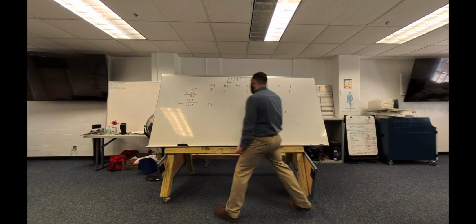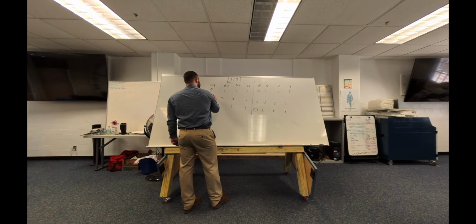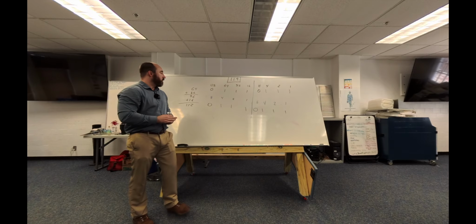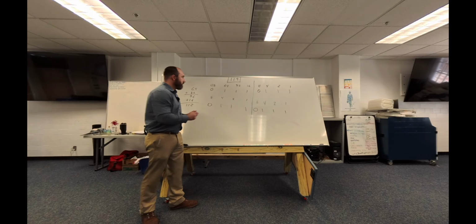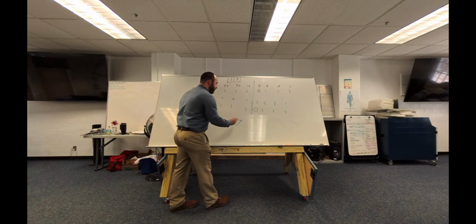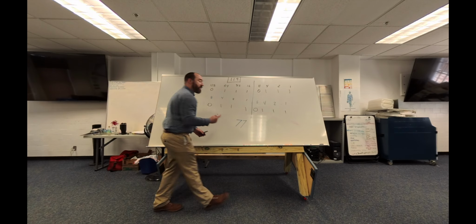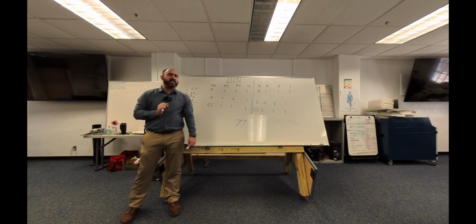So what do we start with here? 1, 2, 4, 8. So now let's add it up. 4 plus 2 plus 1 equals 7. 4 plus 2 plus 1 equals 7. So that's the hexadecimal value. However, we could confuse 77 with a decimal number, right?